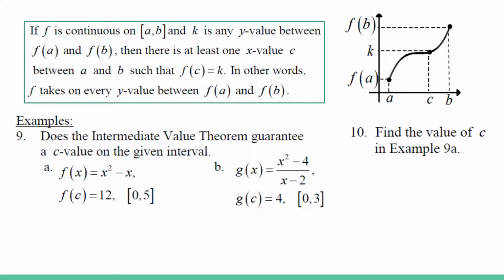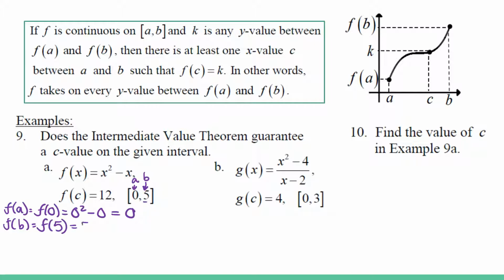Whew. Okay, first one. Our first step is to find f of A and f of B. Now keep in mind, the beginning of our interval is A and the end of our interval is B. So if I'm finding f of A, or in other words, f of 0, plug that in. Just going to spit out 0. F of B is f of 5.